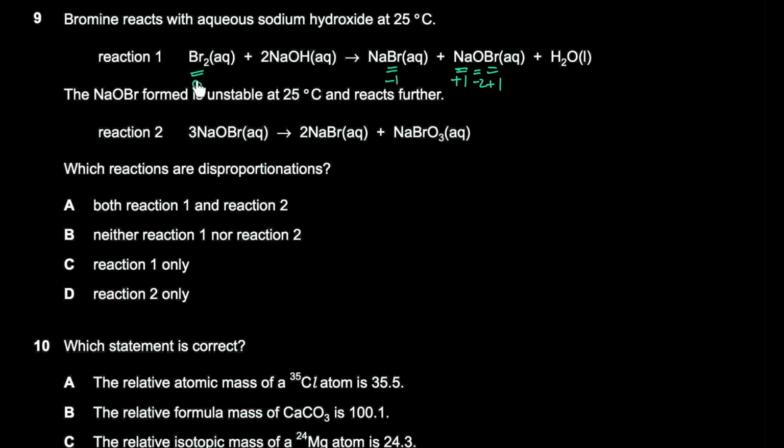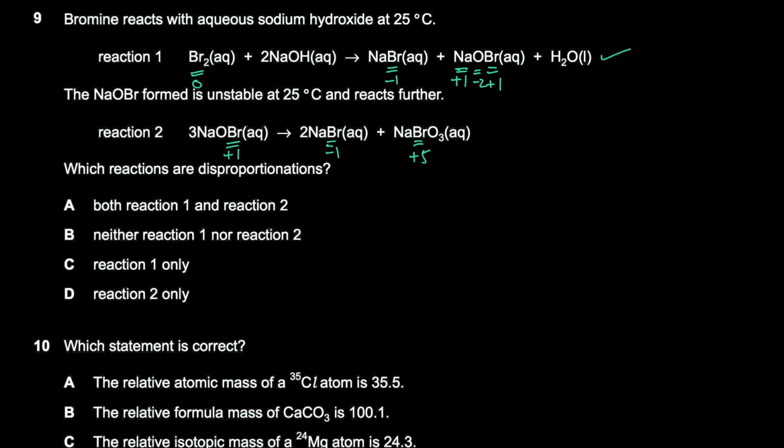So bromine is going from 0 to -1 and +1, starting with a single oxidation state, being reduced and oxidized simultaneously. That's what disproportionation is. So reaction 1 is a disproportionation. In reaction 2, bromine is +1 initially, and it goes to -1 here and to +5 over here.